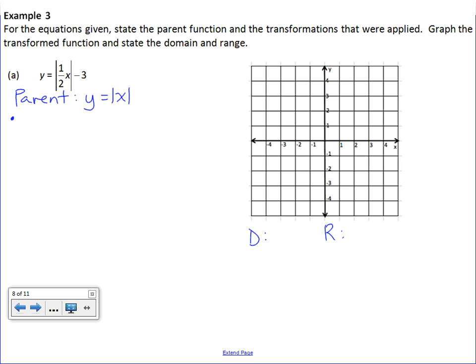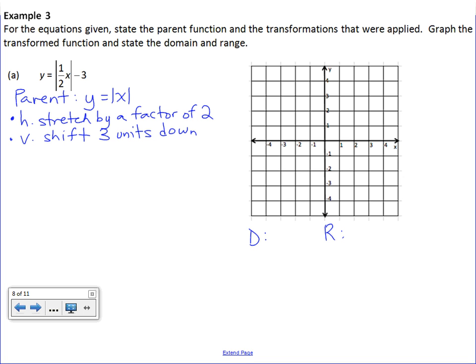It's inside with x, it's horizontal. Horizontal stretch by a factor of 2. And vertical shift or translation, 3 units. Up or down? Down.